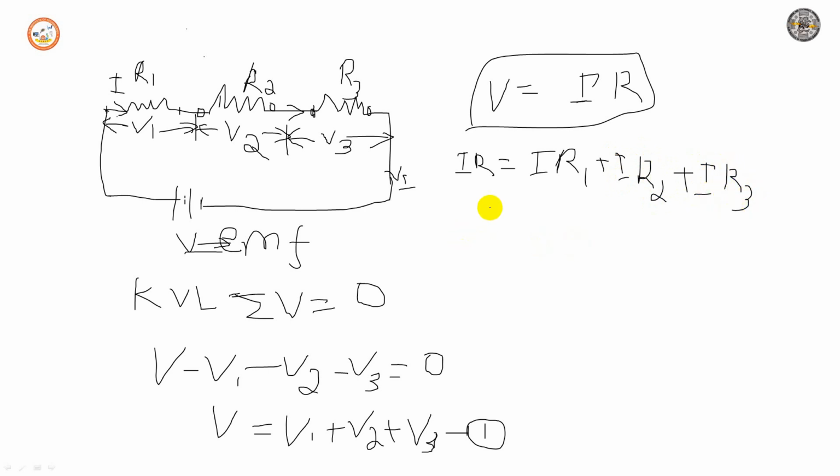Taking I common, I into R equals I times R1 plus R2 plus R3.